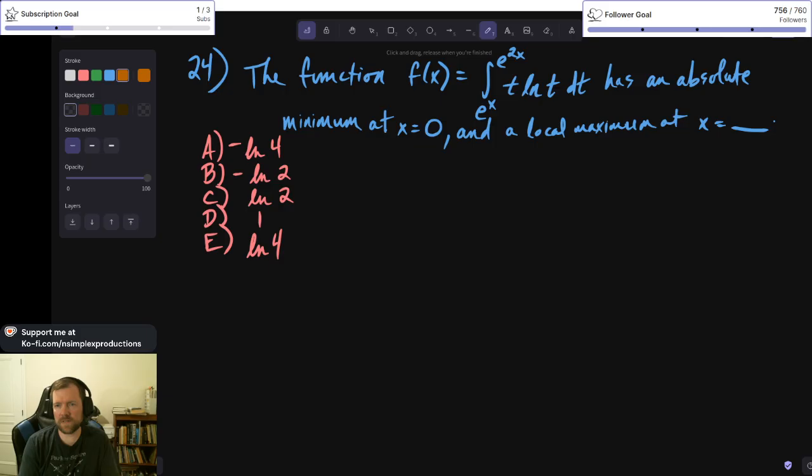For this, there are a few ways of doing it. One is that we could try to find f prime of x and then find what minima and maxima we have.